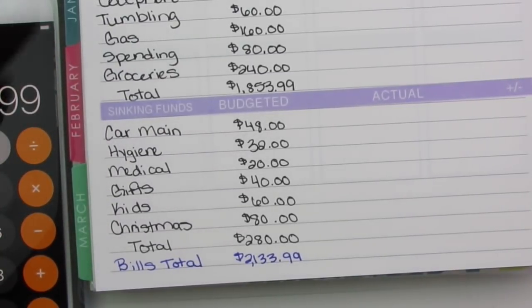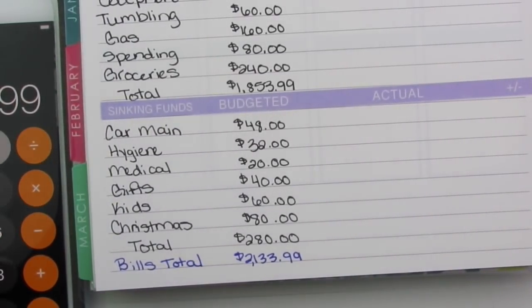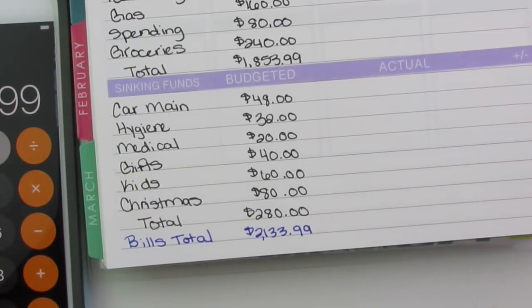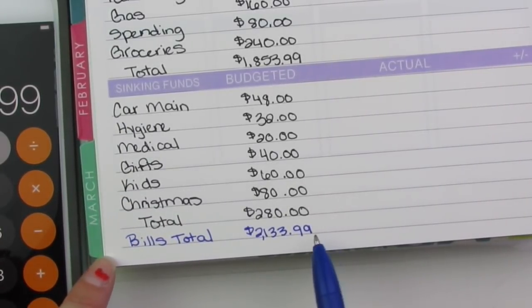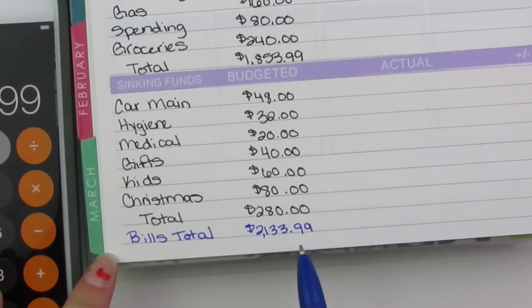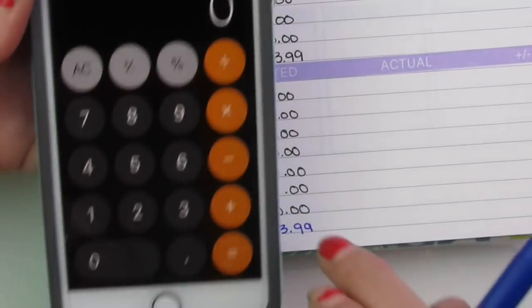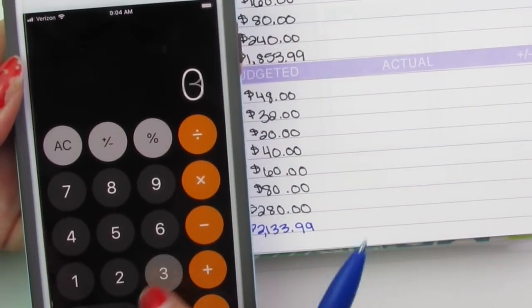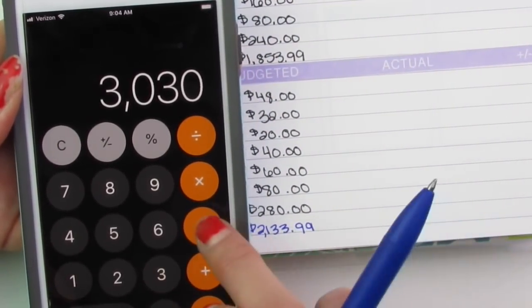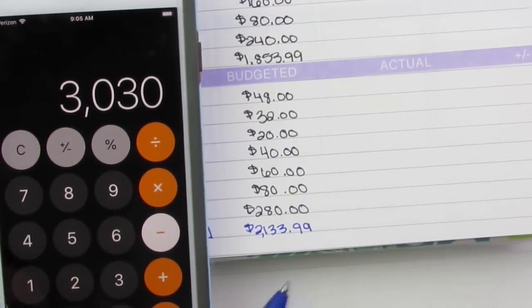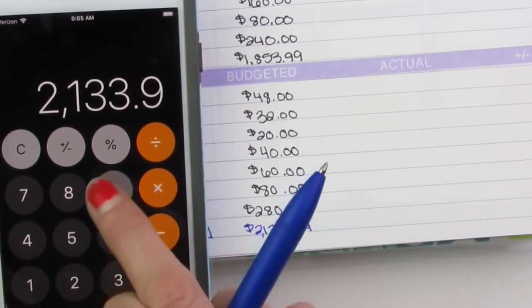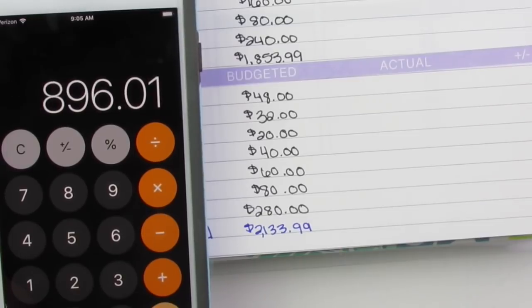And maybe we'll do this one in a different color too. So then I'm going to do basically what I should have left for my debt snowball after I get all my bills and sinking funds paid, subtracting that from my income. My income for the month is budgeted at $3,030, and we're subtracting my total bills and expenses and sinking funds for the month.